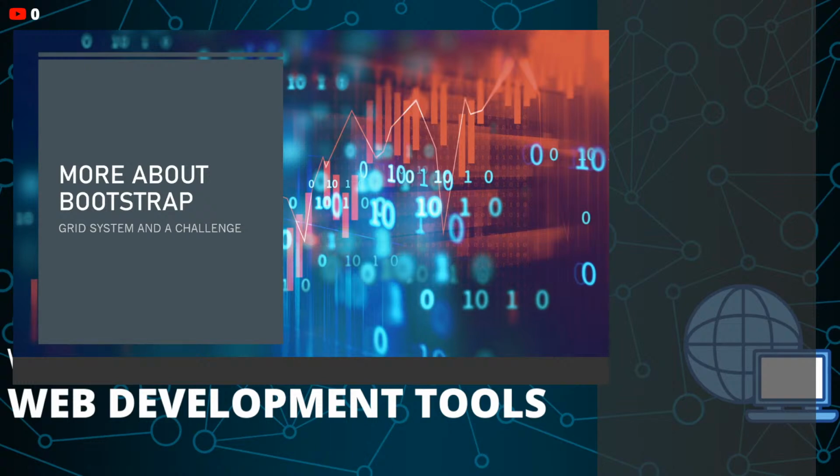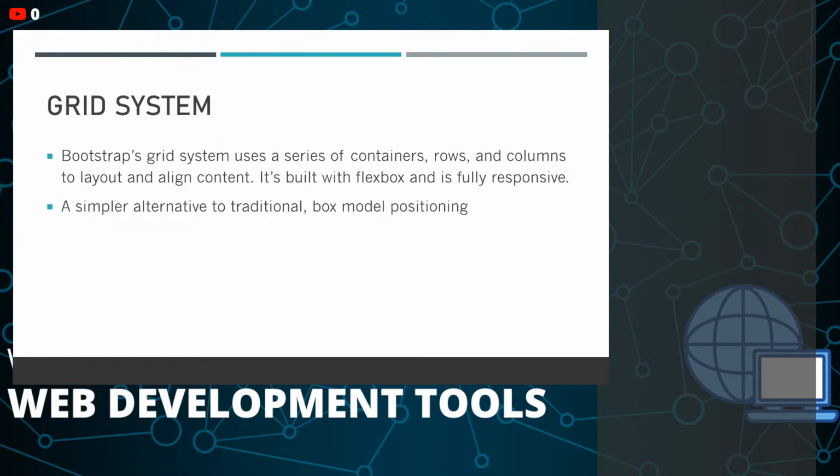And so let's talk a little bit about the grid system here. Bootstrap's grid system in particular is built using Flexbox, and it is fully responsive. In some other classes, particularly Web 2.15, we talk about the differences between CSS Grid and CSS Flexbox, or Flex, right?